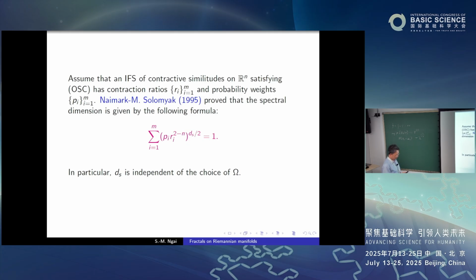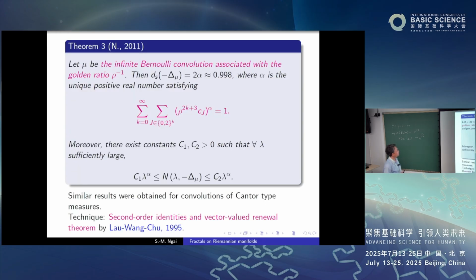So the question is, what if we don't have the open set condition? I was able to compute this, in work done quite a long time ago, for the infinite Bernoulli convolution associated with the golden ratio, and for another family of fractal measures.